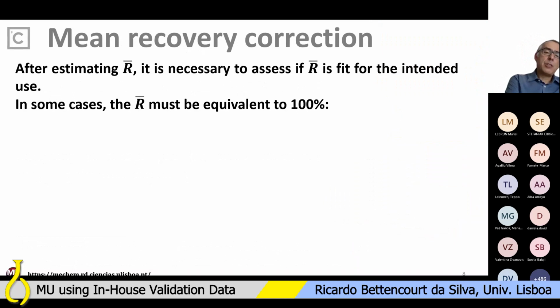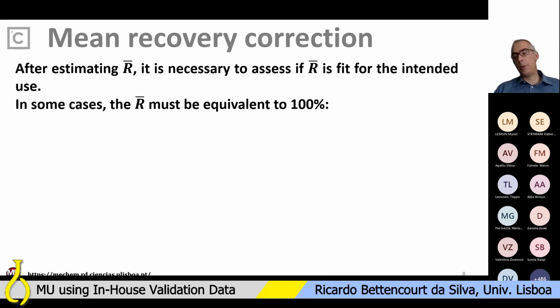Okay, like I mentioned in my first presentation, we need to do more than calculate the mean recovery and the uncertainty associated with mean recovery. We have to decide if the mean recovery is acceptable.